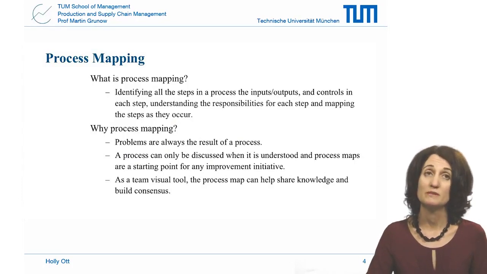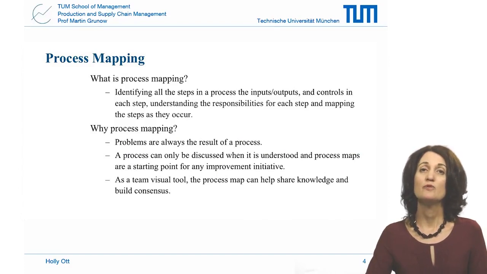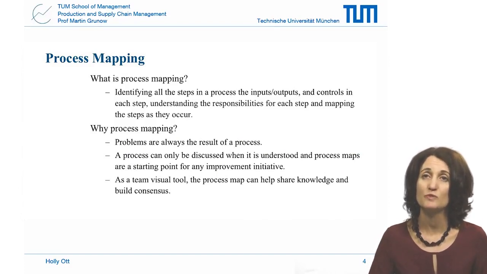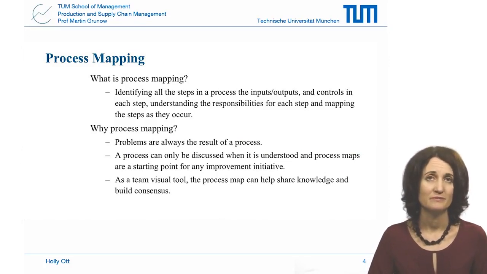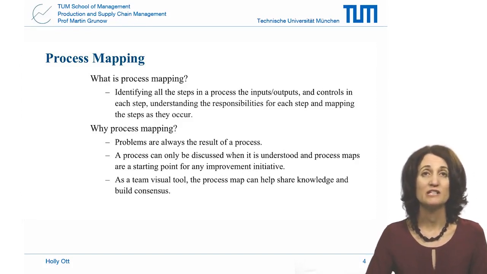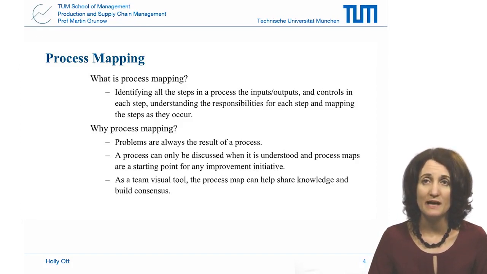But what is process mapping? Every product or service is created or produced by a process. Whether it is making a cup of tea, designing a product, preparing an invoice, approving a loan, answering a customer complaint, these activities can be mapped as a process involving a sequence of steps and a sequence of resources.